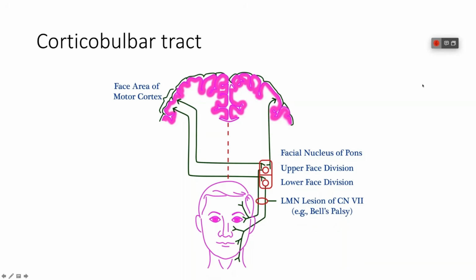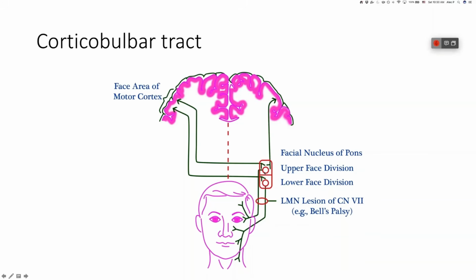Perfect. So it gives rise to cranial nerve 7. And as Jolan pointed out, there are two divisions to the facial nucleus. There is the part that innervates your forehead, and then there's the part that innervates your lips and the lower part of your face.